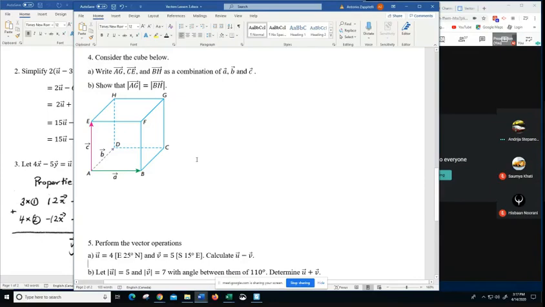And what's the key ingredient that you're going to use to solve this problem? What's that key characteristic in a cube that's going to make this easily solvable? The fact that all sides are equal. Actually, in this case here, it's not even that important that they're all equal.